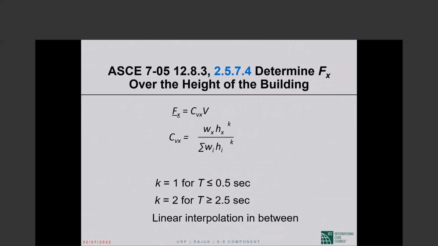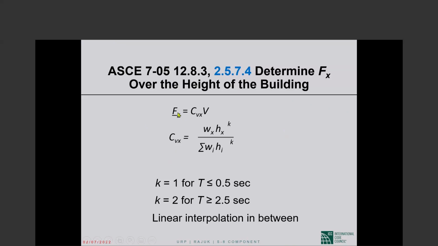Okay. Having calculated the design base shear, we will, as I said, distribute it along the height of the structure in the manner prescribed by the code. Here is that distribution.